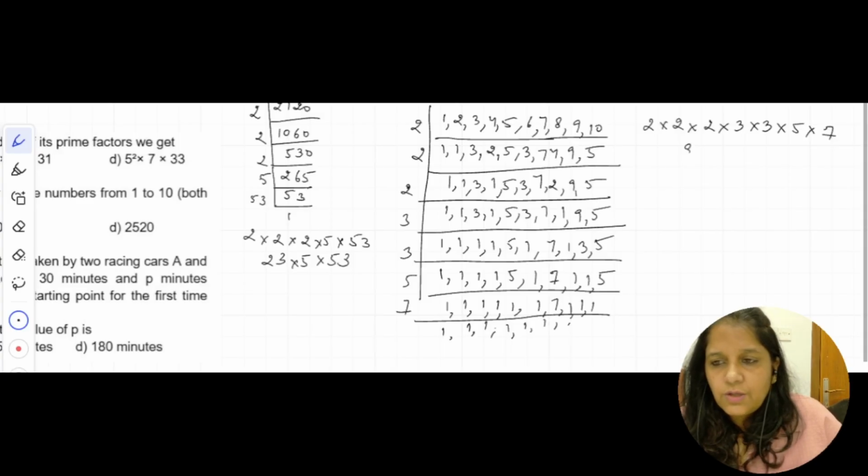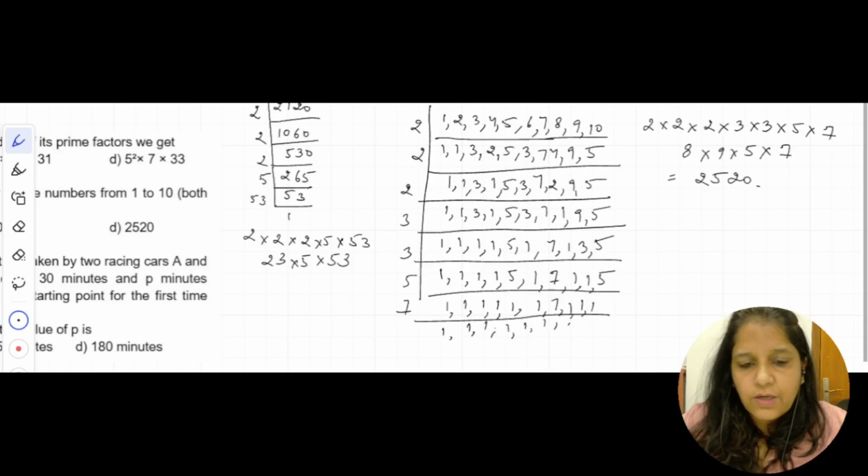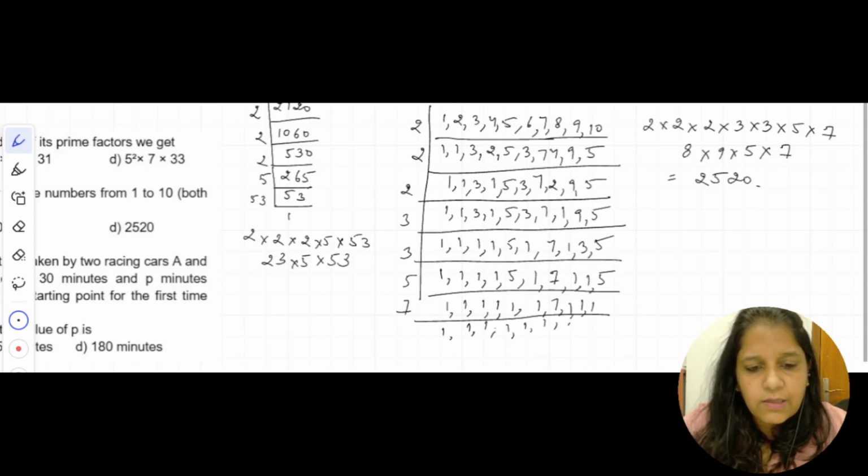So जब इसको solve करोगे तो यहाँ आएगा 8 into 9 into 5 into 7. And after you solve this, you will get 2520. So the correct answer over here is 2520.